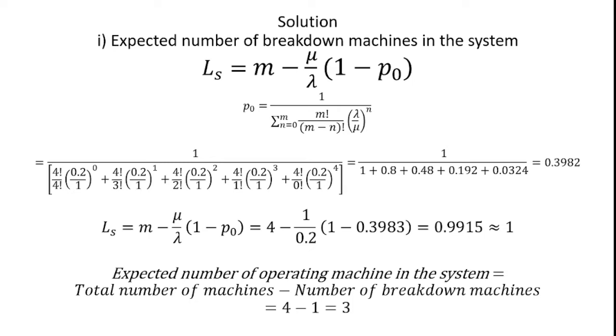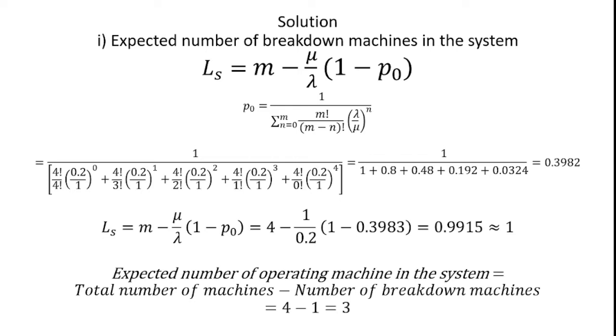Initially the queue is empty, so n is equal to 0. Finally, m means the total population is reached. According to this problem, 4 machines are available, so m is equal to 4 because the total population size is 4. So first we understand the problem and the formula notations. After that, we can move to solve the problem.